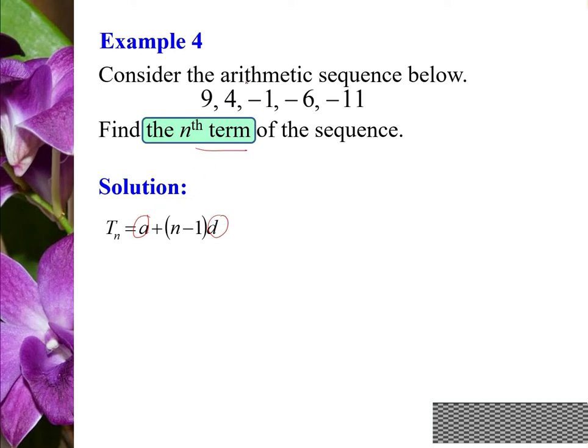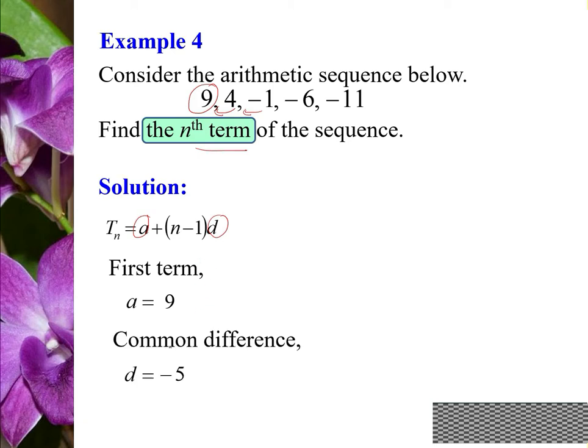What is the first term of this arithmetic sequence? It's 9. What is d? d is the common difference, which means you just have to subtract the first term from the second term, the second term from the third term, to find the common difference. So let's say you subtract 4 minus 9, you get negative 5.